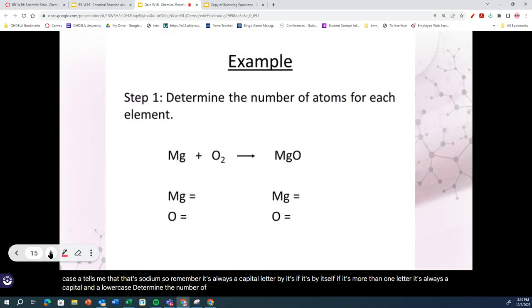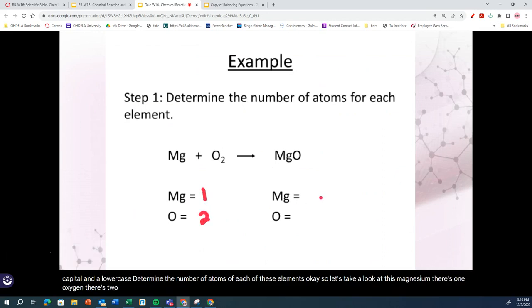Determine the number of atoms for each of these elements. Okay, so let's take a look at this. Magnesium, there's 1. Oxygen, there's 2. Magnesium on the product side. So this is the reactant side. Here's the product side. Magnesium 1, oxygen 1.